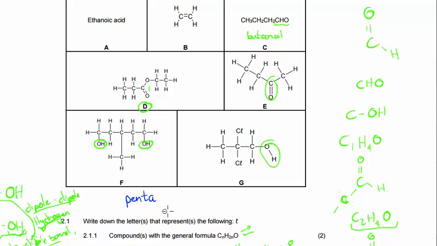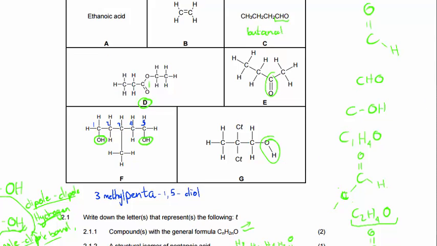Penta 1,5. A diol. Well done. And then in front you need to put in 3-methyl. 3-methylpenta-1,5-diol.